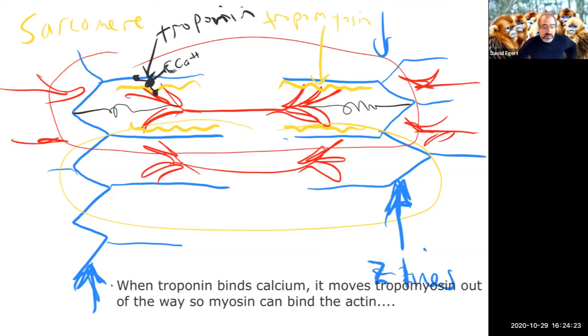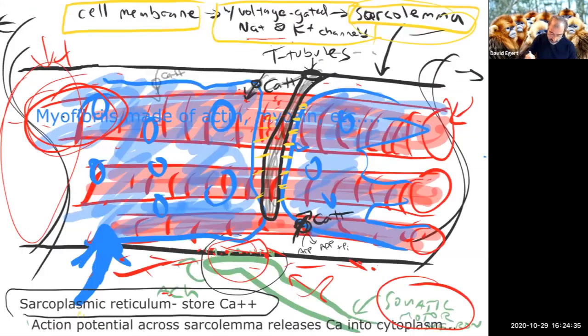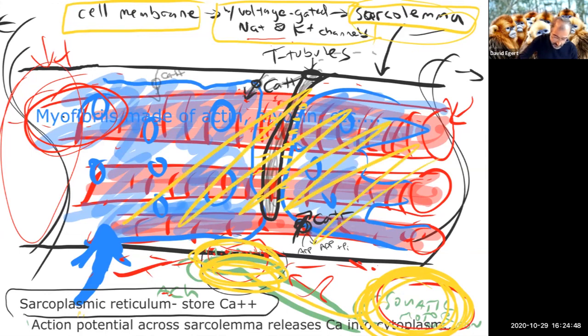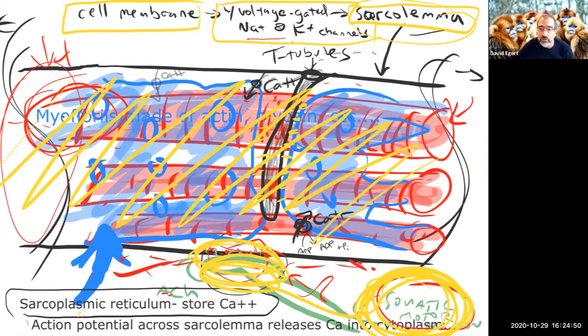So this is going to be how contraction works, right? We talked about, if we go all the way back to here, we have action potential on a somatic motor neuron. Comes in, releases acetylcholine, binds the nicotinic receptors, causing an action potential across the whole sarcolemma.